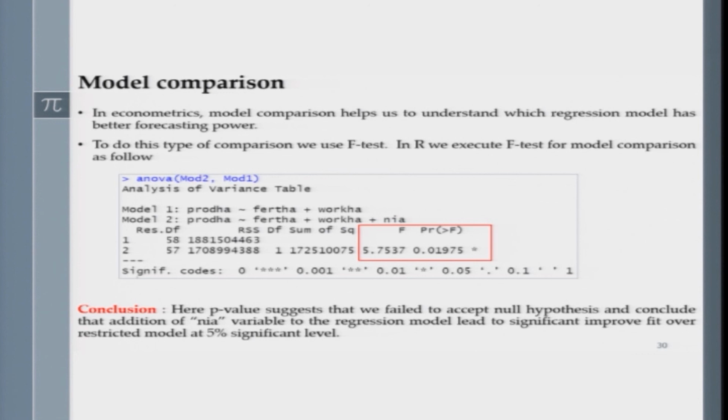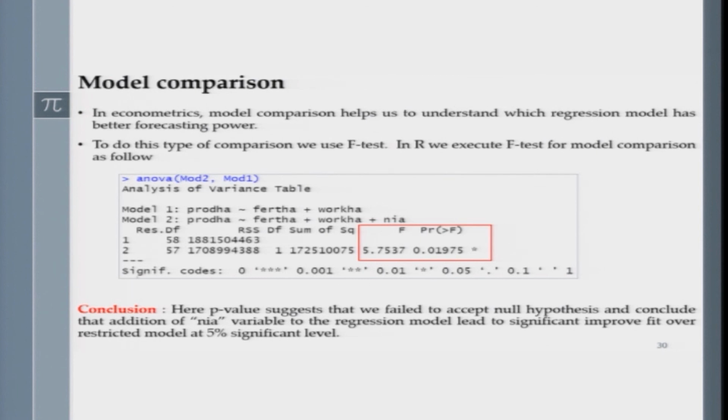Here you see I have stored the results for model 1 and model 2, and now I am calling those saved results. I am writing this ANOVA command here, and now it is showing me the analysis of variance table for model 1 and model 2. Finally, you see the F statistic is computed, its value is 5.7537, and for the degrees of freedom the corresponding p value is 0.019. So, the p value is very small, less than 0.05 if we set a significance level of 5%.